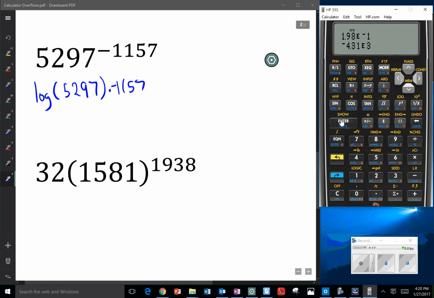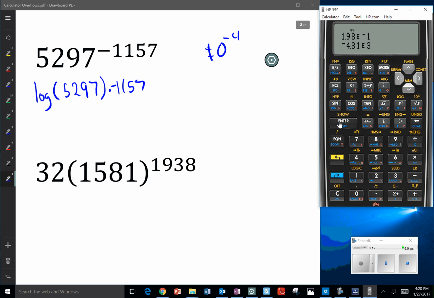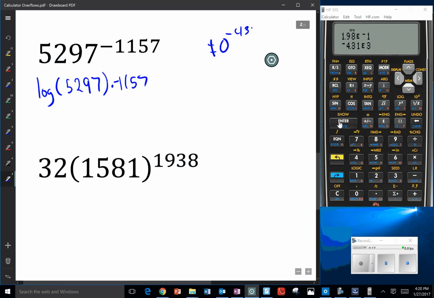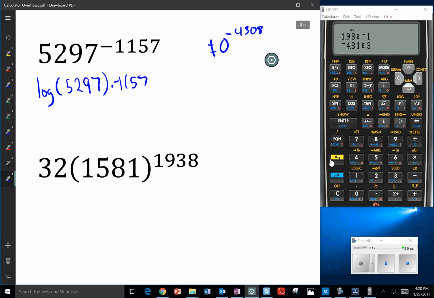So this will be 10 to the -4,308. But we're going to get rid of the 4,308, not by subtracting, but by adding this time. Every other problem so far we've gotten rid of by subtracting, but this time we're going to add.